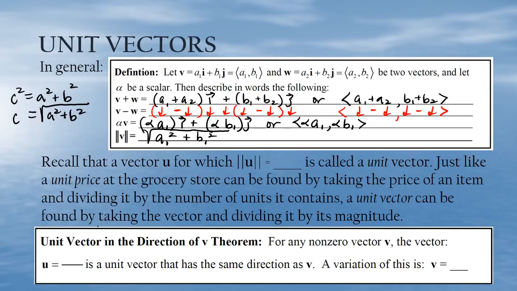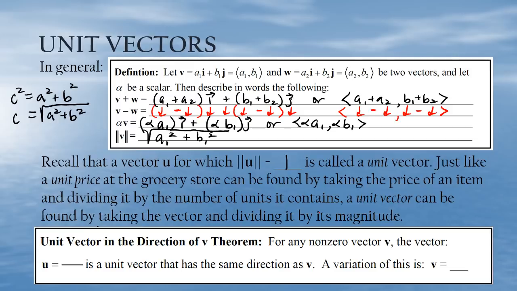Now recall that a vector u for which the magnitude of that vector is equal to 1 is called a unit vector. And just like a unit price at the grocery store can be found by taking the price of an item and dividing it by the number of units it contains, a unit vector can be done the same way. It can be found by taking the vector and dividing it by its magnitude.